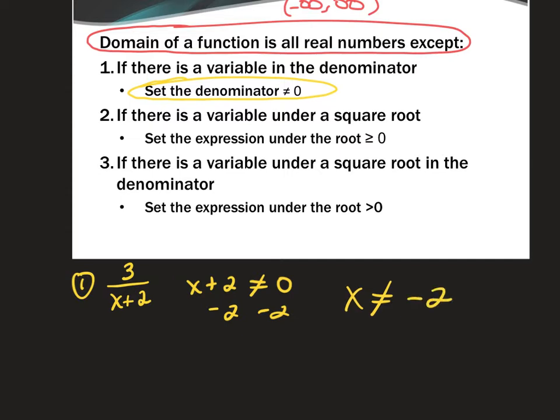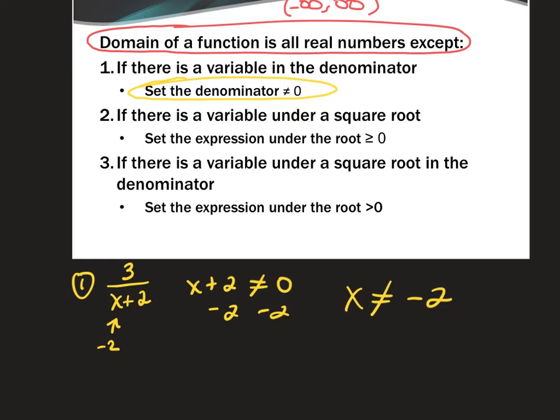Whenever there's a variable in the denominator, this is what we have to do. Why? Anybody tell me why? Not necessarily. You don't have to get rid of it. But what happens if I plug in negative 2 right there? What's negative 2 plus 2? 0. Can you have 0 in a denominator?